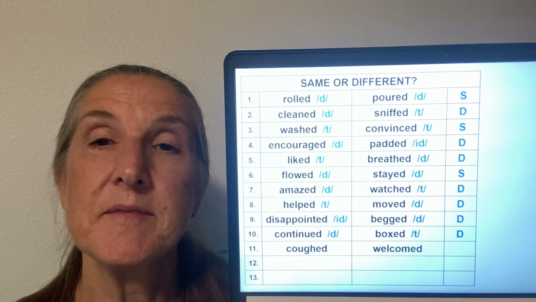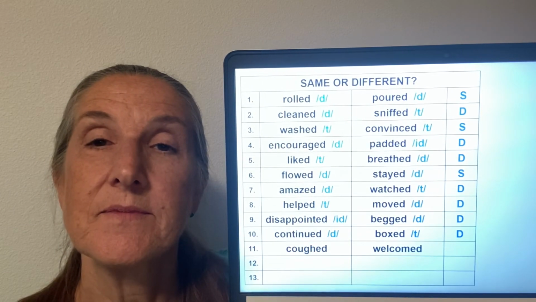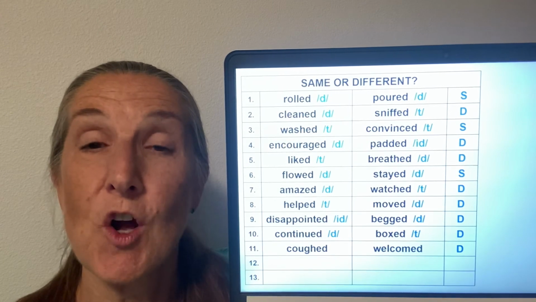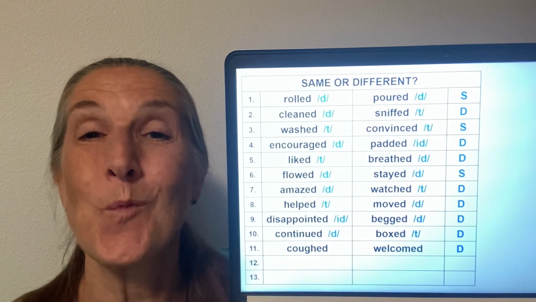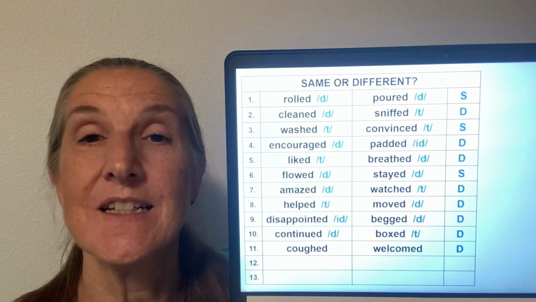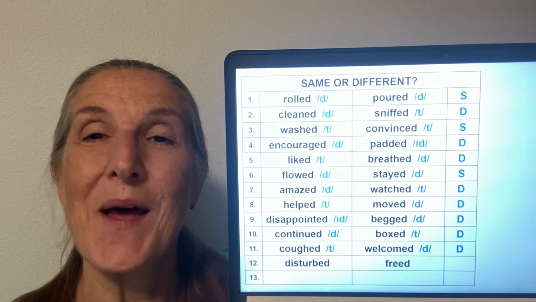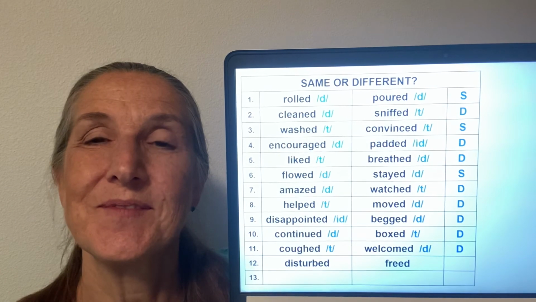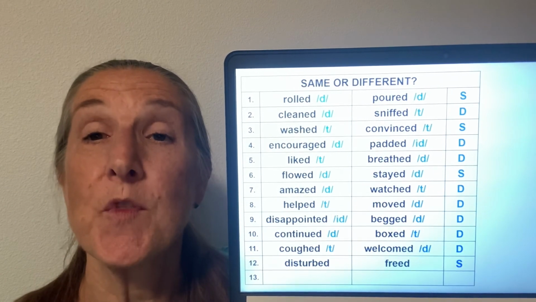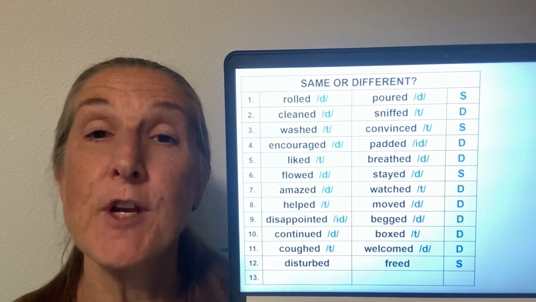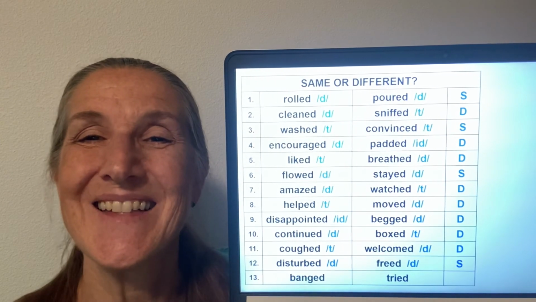Number 11. These are also different. Coughed has the T sound, and welcomed has the D sound. What about number 12? These are the same. Both disturbed and freed have that D sound.